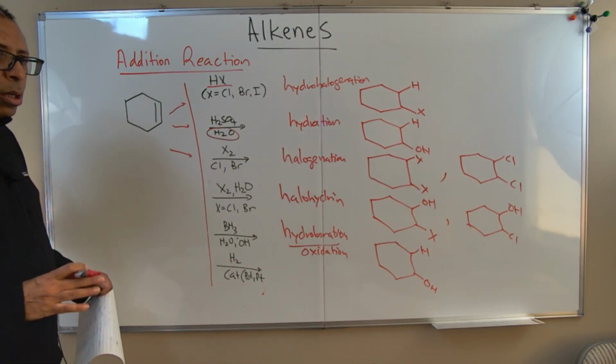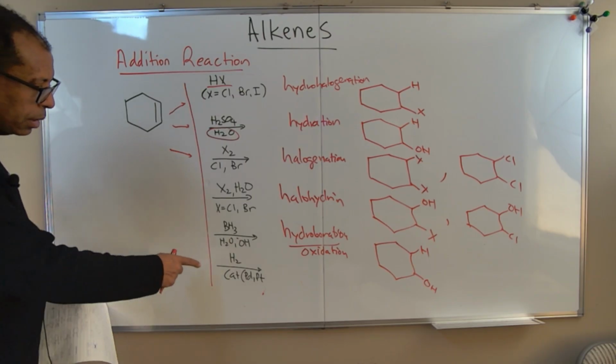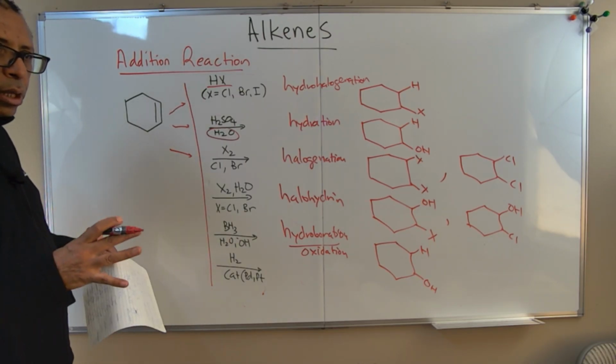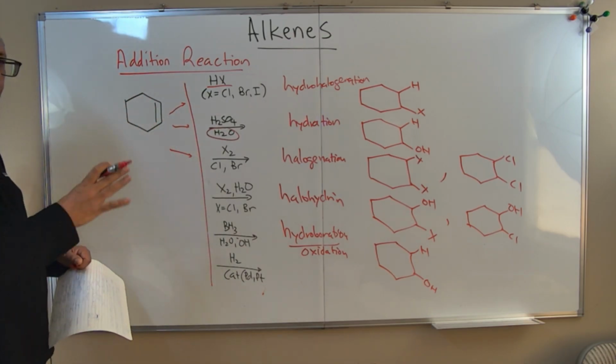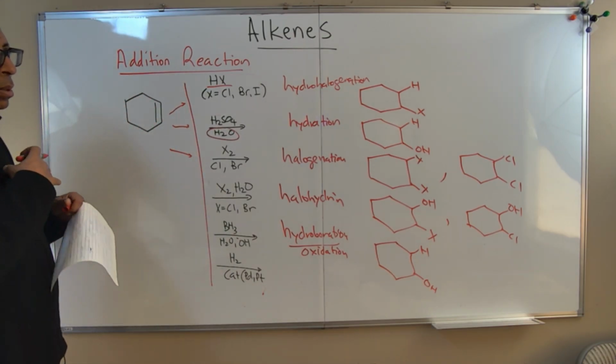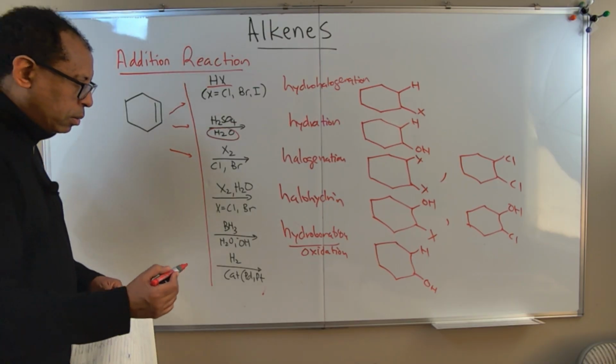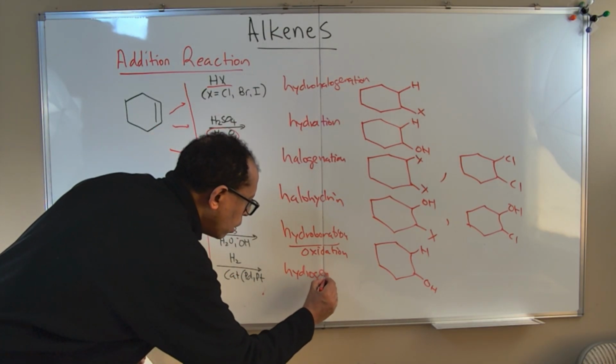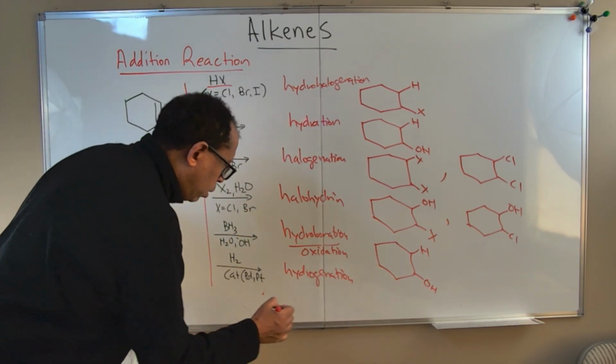The last one, which is very important as well, is hydrogenation. Hydrogenation reaction is a reaction where you saturate the double bond with hydrogen. So it becomes cyclohexane completely. So hydrogenation reaction always needs a catalyst.